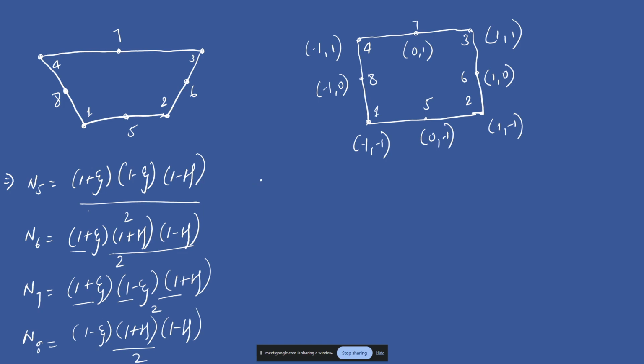Accordingly, you can write it now utilizing n5, n6, n7 and n8. For the n1 element, the n1 shape function for the particular node, point 1, you can write like this. So we have n1 approximate, n1 minus half of n5 minus half of n6.